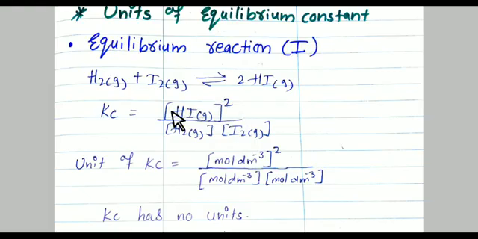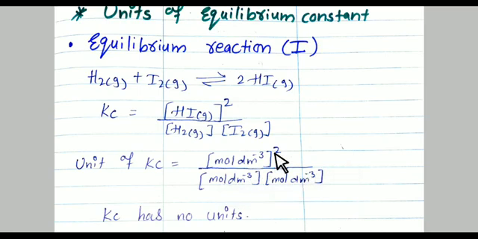Here the coefficient of HI is 2, that's why mole per decimeter cube is squared. Concentration of H2 is mole per decimeter cube, concentration of I2 is mole per decimeter cube. In the denominator there are two concentrations in multiplication, so it is also mole per decimeter cube squared.